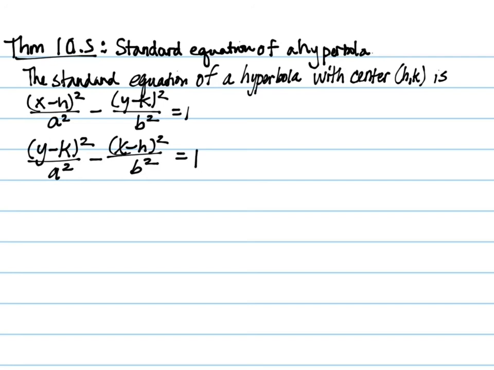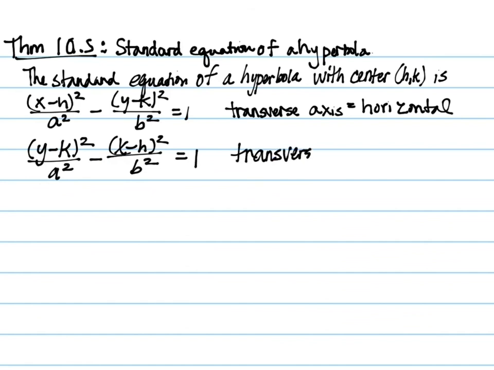The first one, we call it a transverse axis, and I'll show you what that is graphically. The transverse axis is horizontal. And the second one, the transverse axis is vertical.